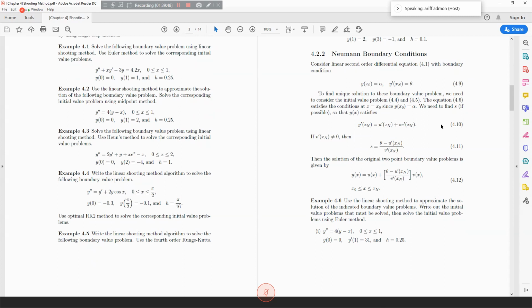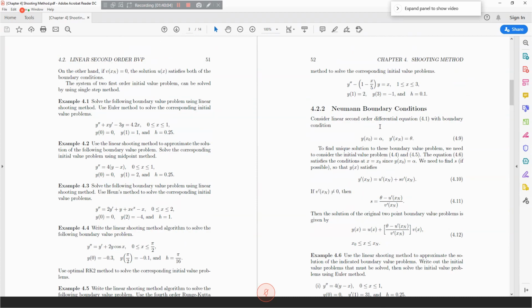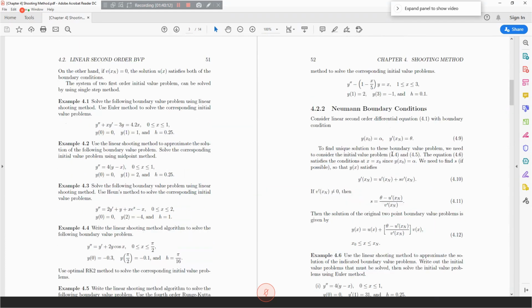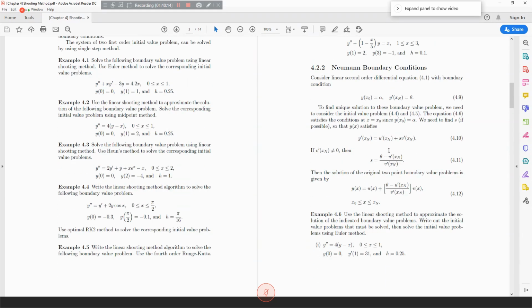That is your final solution. We just use this y prime to determine S, that's it. When we are finding the solution of y, we are not using prime anymore; we just use the usual y linear combination. So that is actually your Neumann.